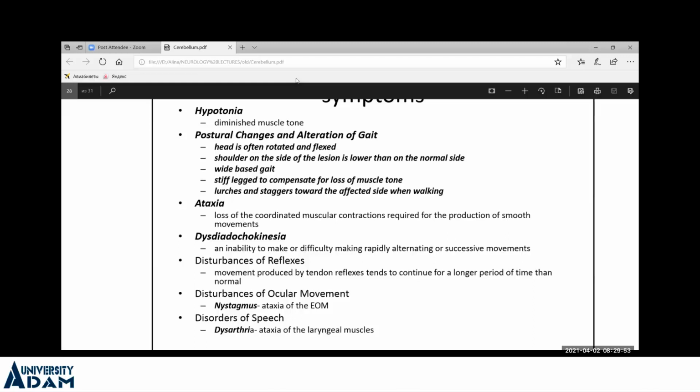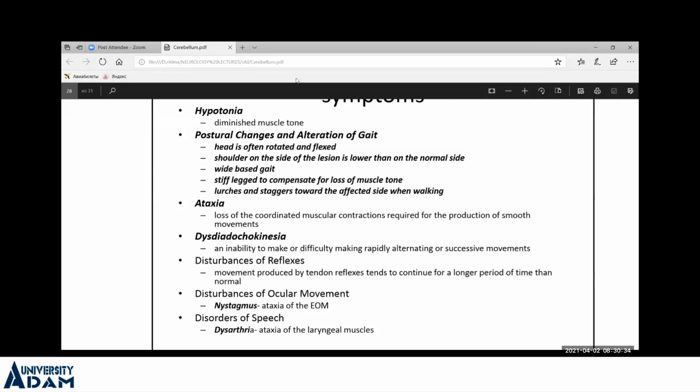But in ataxia, guys, ataxia will increase when the person is trying to approach the object. For example, if the person is trying to touch the nose or take the object, ataxia will be increased, okay? So ataxia appears when the person is trying to approach something.